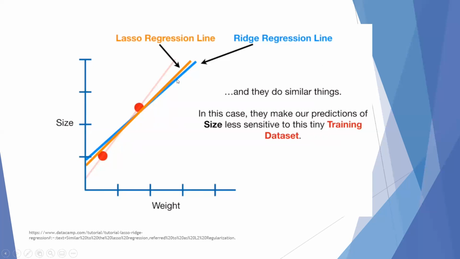Whenever we used normal linear regression, the line was like this. But when we use lasso regression, it slightly changed its direction, giving a different line on the data set. So they both do similar things, but in this case, they make our predictions of size less sensitive to tiny training data sets.